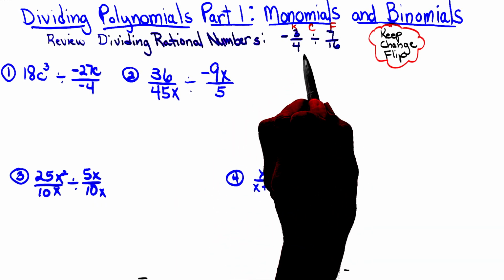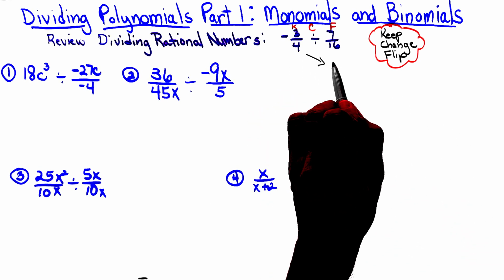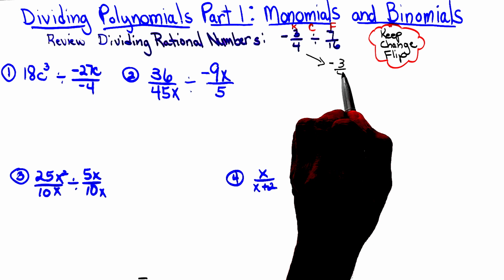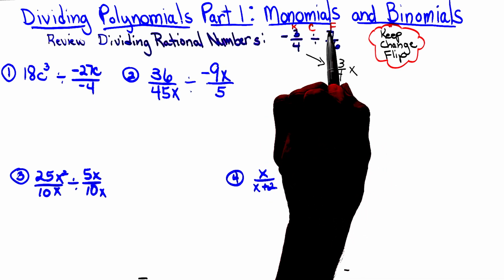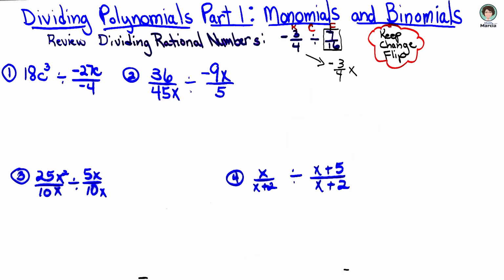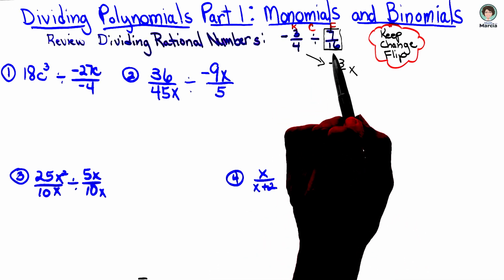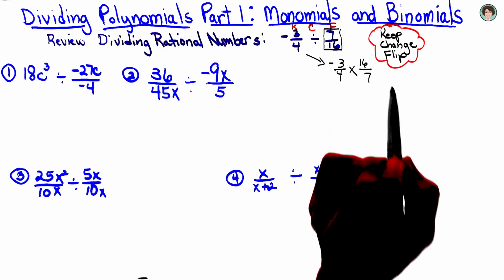I'm going to write it a little bit further over here. I'm going to copy the negative 3/4. I am changing my sign to multiplication, and then always the number, binomial, whatever we have after the division sign, we are going to write the reciprocal.